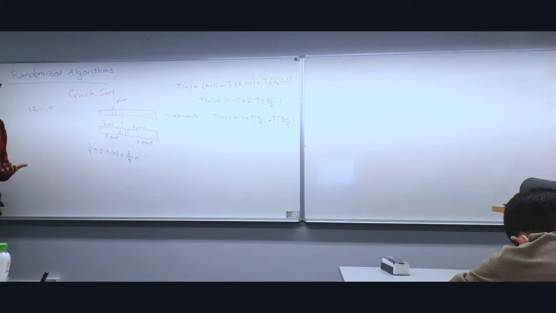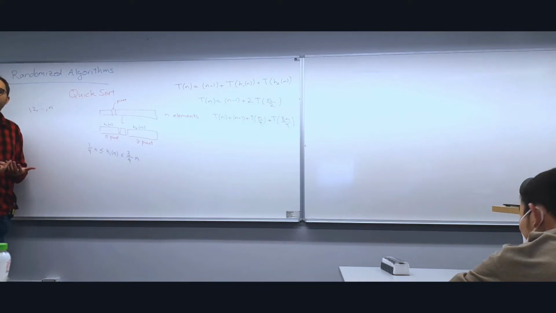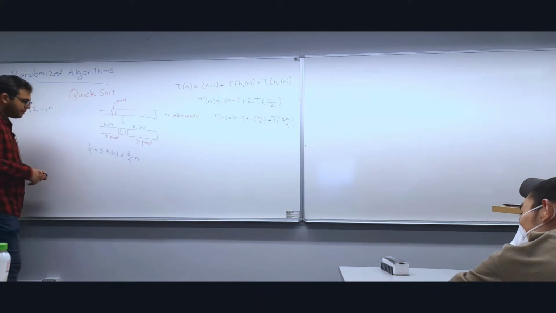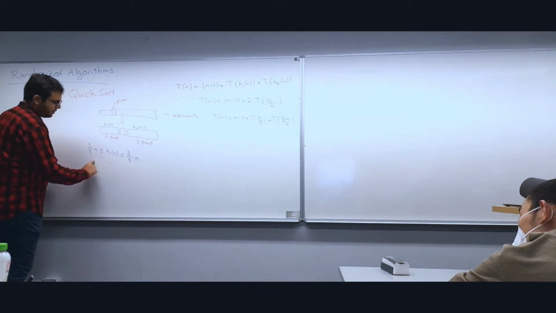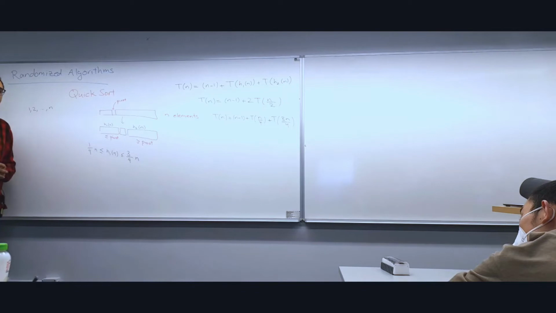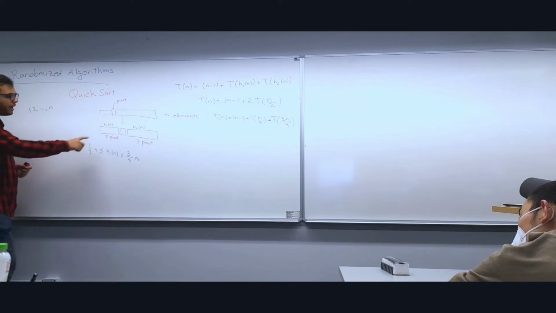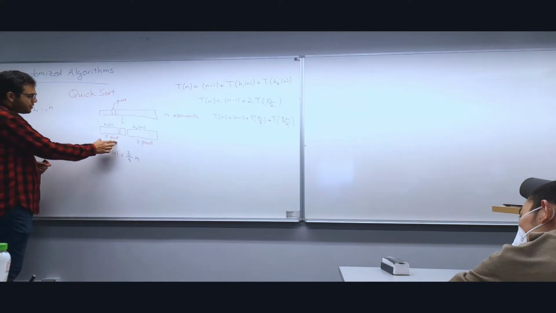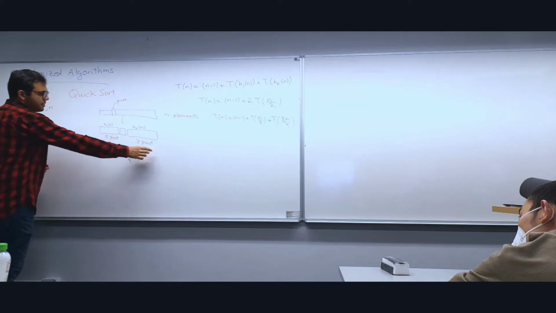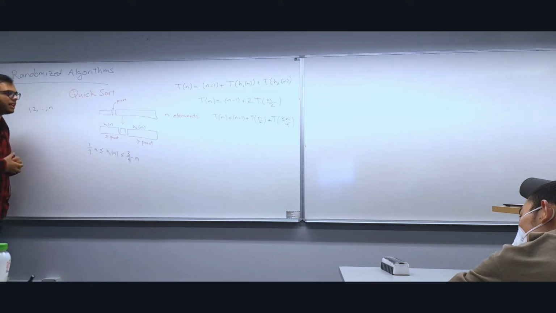But how many of those choices are good enough? And by good enough, I mean that they give me this kind of inequality. So if you just look at it for a second, you'll see that at least half of my choices are going to be good enough, right? So at least half of my choices are going to break my array into parts that are 1/4 of the original size and 3/4, or they're going to give me an even better partition.